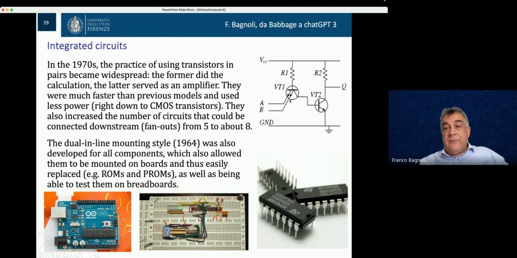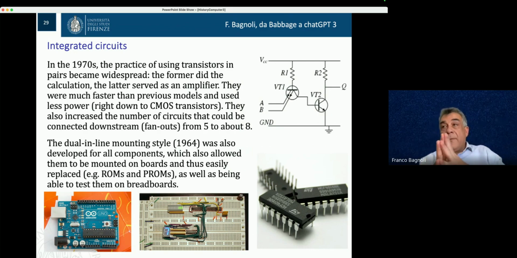It means that you have a transistor here performing something, essentially a gate, and then a second stage with another transistor that provided enough fan out.